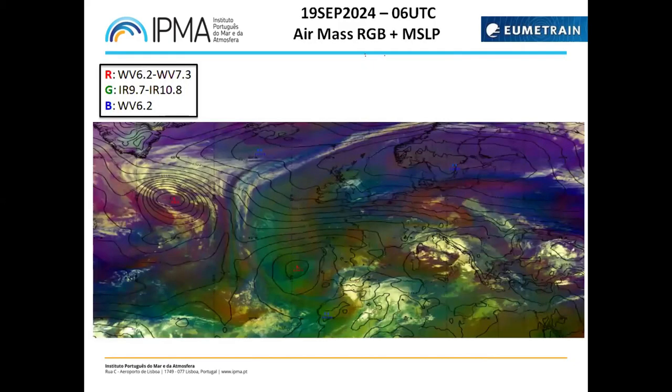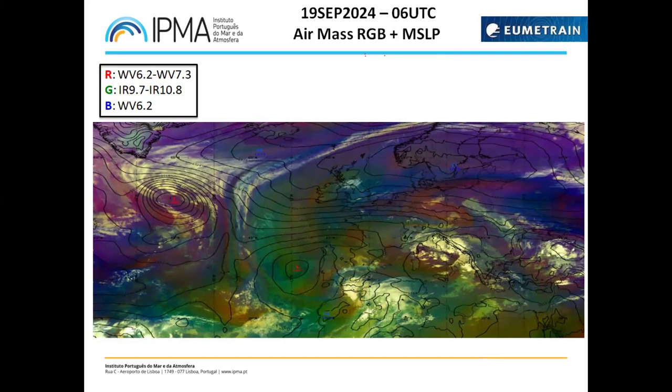So let's continue with the Airmass RGB, again checking the upper dynamics. We also have here the mean sea level pressure, so we can have an idea of what is happening at the surface.